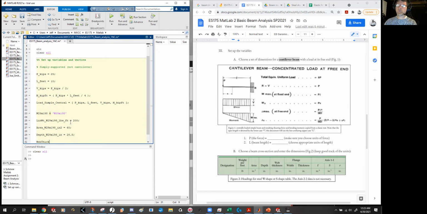Again, you can call your variables whatever you want to, but if you don't use them consistently, then it's going to yell at you and say, hey, I can't find that. So you're going to have to make sure you use all that stuff consistently. And that is going to be in inches equals 0.75.